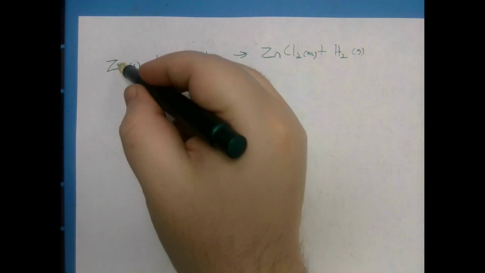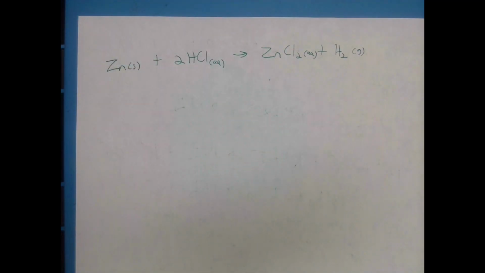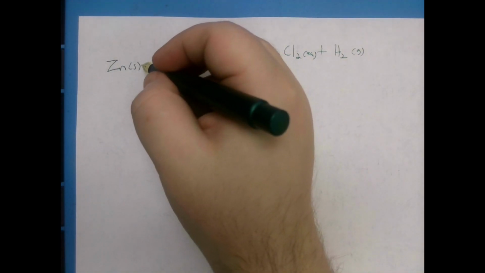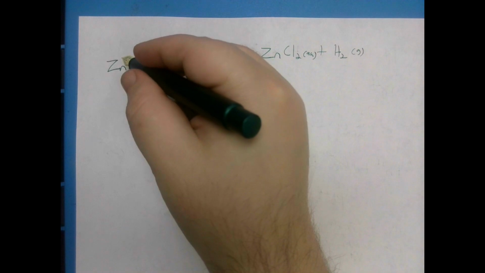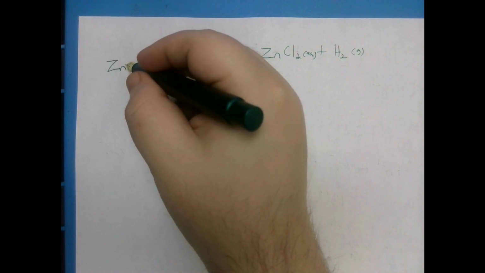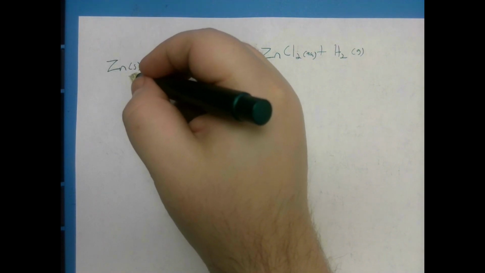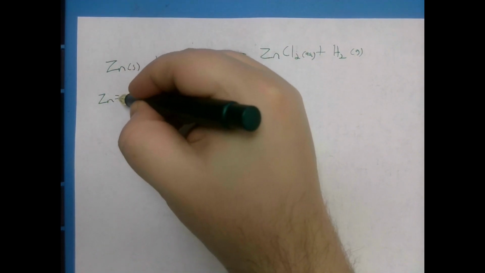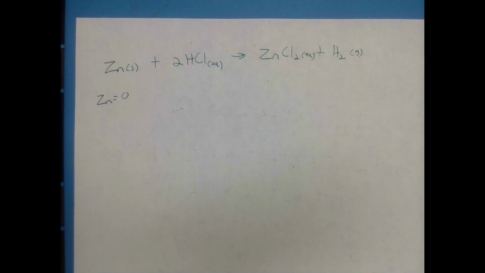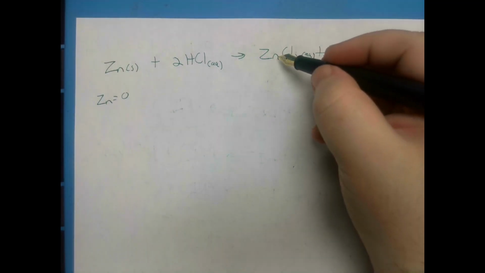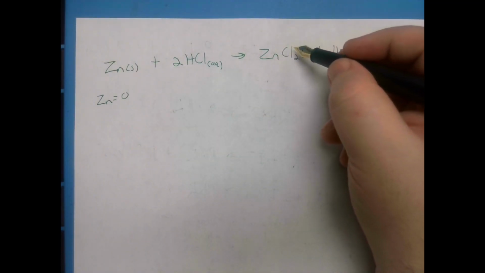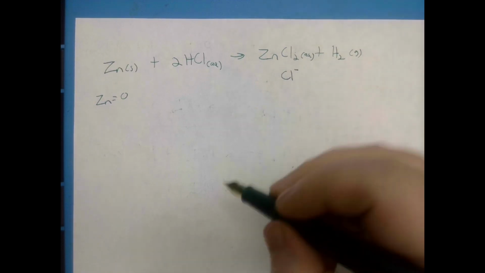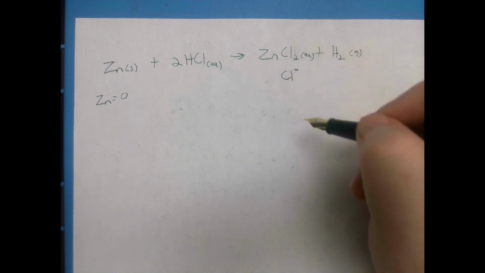So what is the charge on zinc? What is the oxidation number on zinc? You do not need to look at the periodic table. It's an element. Elements have no charges, so the oxidation number is 0. However, when it bonds ionically to the chlorine, we know the chlorine has a negative charge, and there's 2 of them.